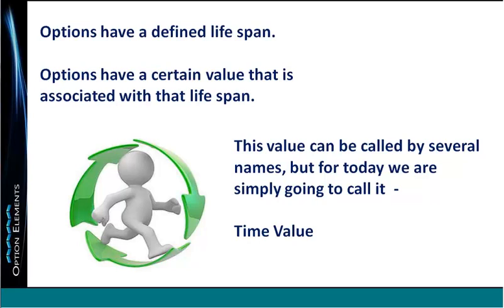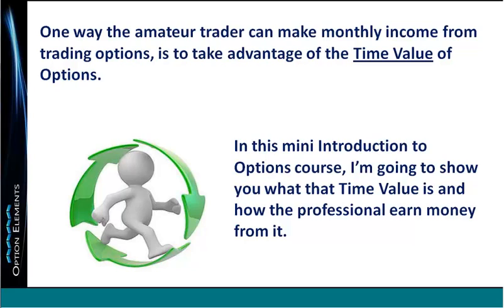So the price of an option has built into it a little premium called time value. Whereas if you buy a stock, it has no time value because it never expires. But an option that expires has a certain time value associated with it. And that's where the amateur trader can make monthly income from trading options, because you're going to take advantage of the time value of the options.